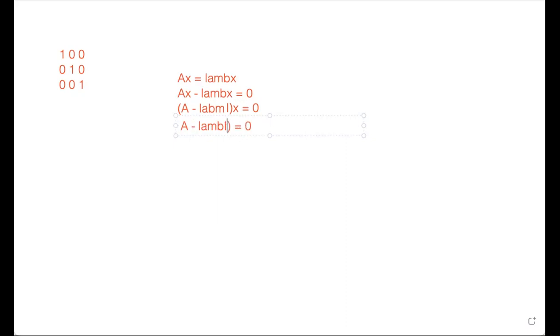So we need to use a determinant, because if we calculate the determinant of a matrix, it results in a scalar value. So the determinant of matrix A minus lambda I will be zeros. This is how to calculate the eigenvalues, and there are more steps after this.